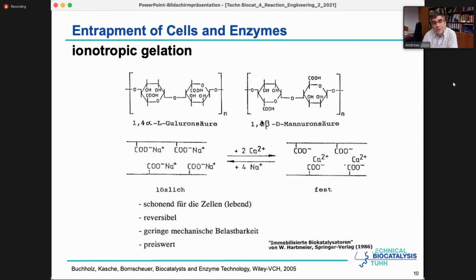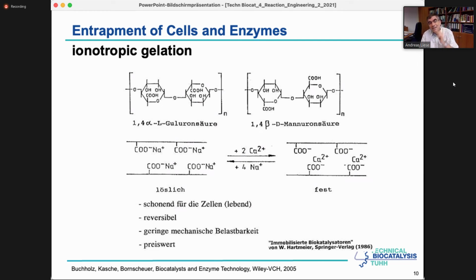Each individual carbohydrate unit of the polysaccharide has a carboxylic acid function. Prior to the immobilization, those are connected with sodium ions. So it's the sodium salt of this polysaccharide acid.